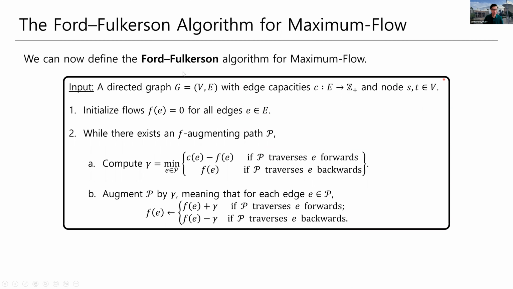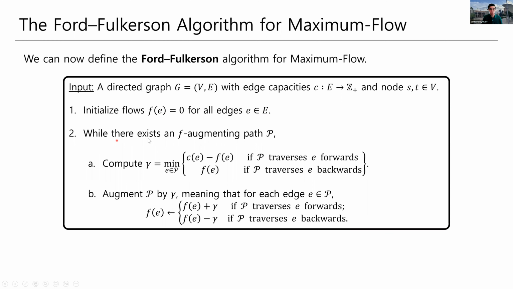So the input is the same stuff that we've had as always. What we're going to do is initialize flows f of e equals 0 for all edges. Remember from last lecture, or 2 lectures ago actually, that this is always feasible. So we're always allowed to start at all zeros. And then the algorithm works as follows.